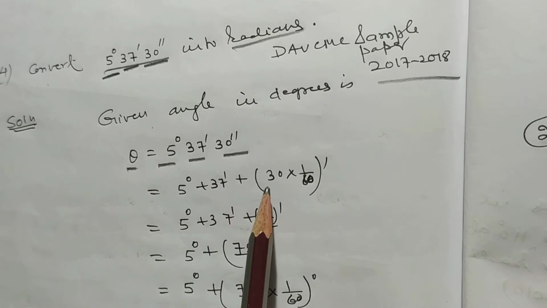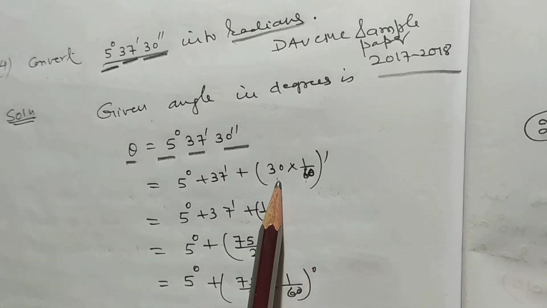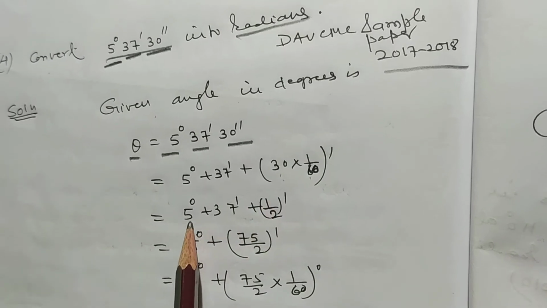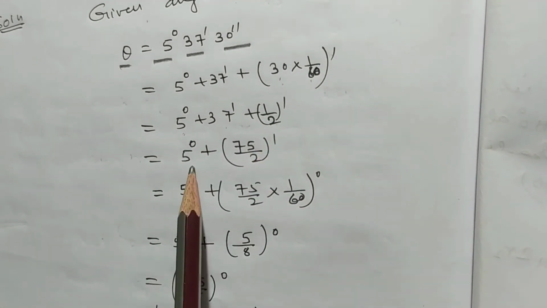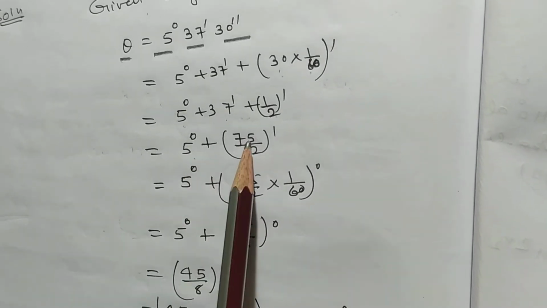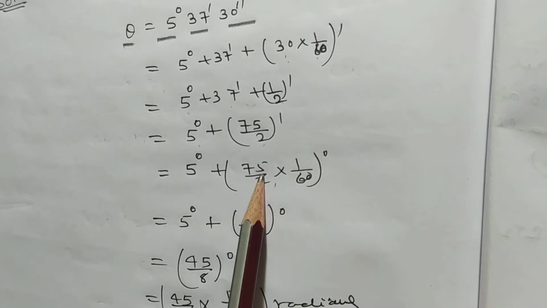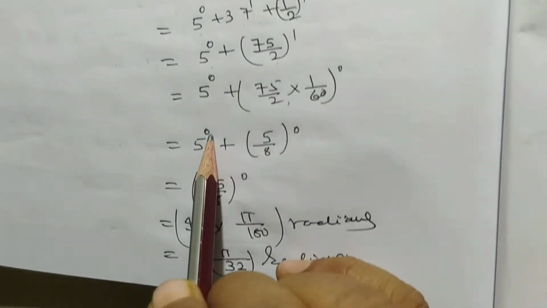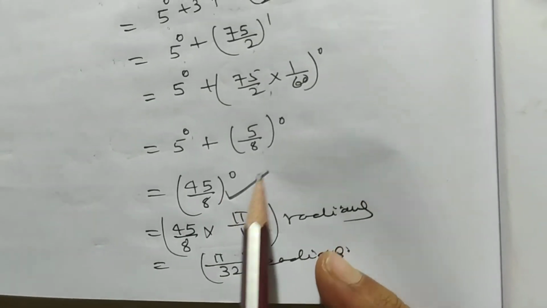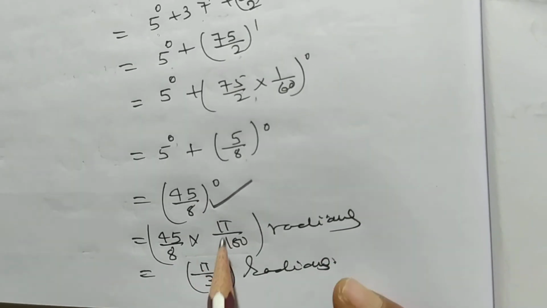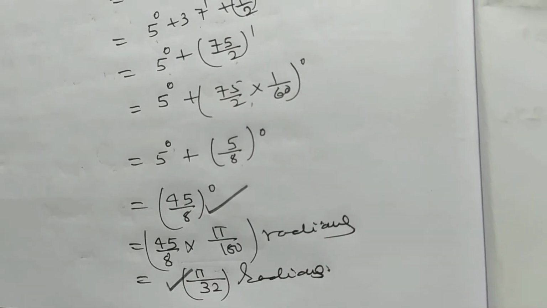So first we convert 30 second into minute by dividing by 60. So now 5 degree 37 and 1 by 2 minute, and now 5 degree 75 by 2 minute, and now you convert again into degree. So it will be 5 degree plus 5 by 8 degree, that is 45 by 8 degree, and we will multiply it by pi by 180. So it will be pi by 32 radians.